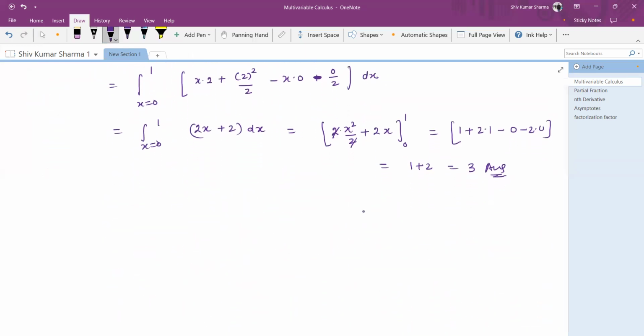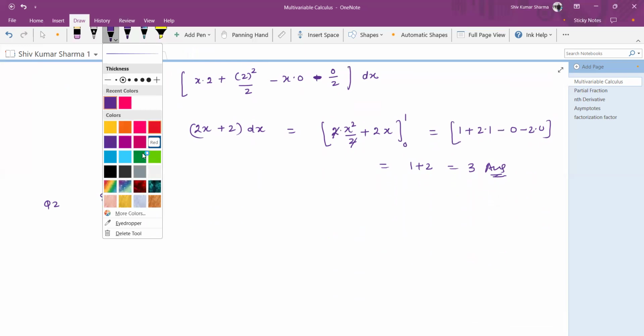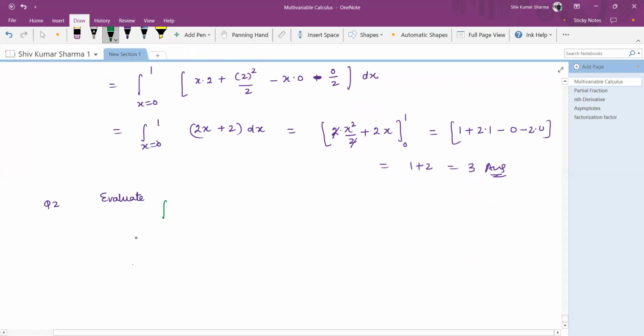So second question, evaluate the integral 0 to a, 0 to b, x square plus y square dx dy.